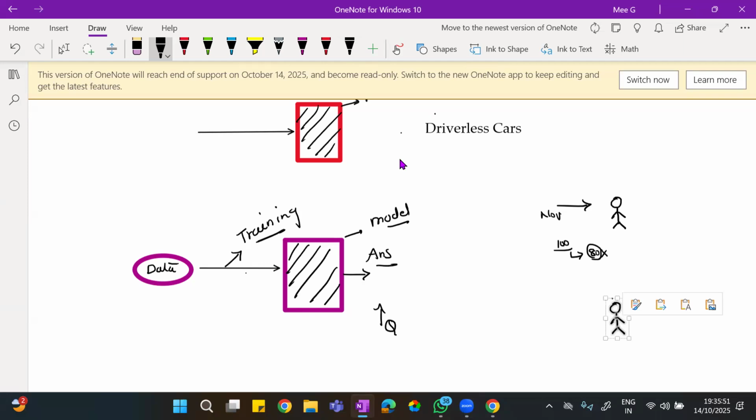Now you are going to meet him right away, one week before the exam, that is in the month of April. Now the same person, you ask the same 100 questions, he will give you 80% correct answers. Only 20% he may miss.